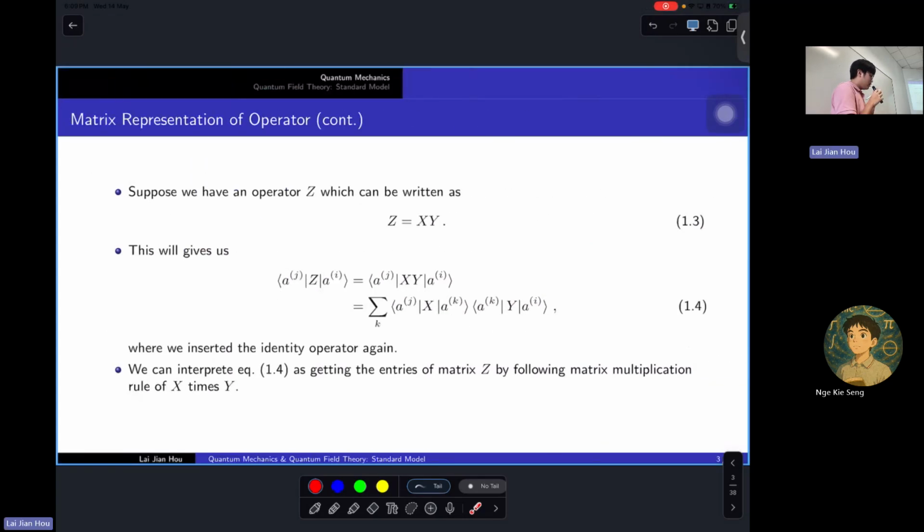The next thing we will see is what happens when we multiply two operators together.